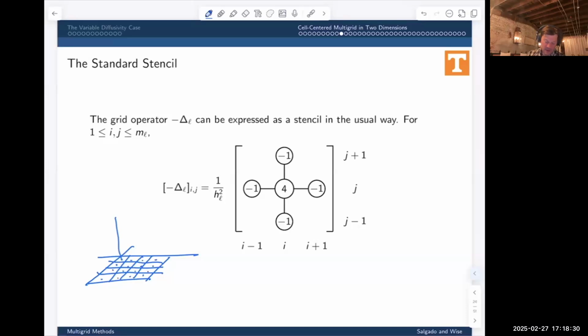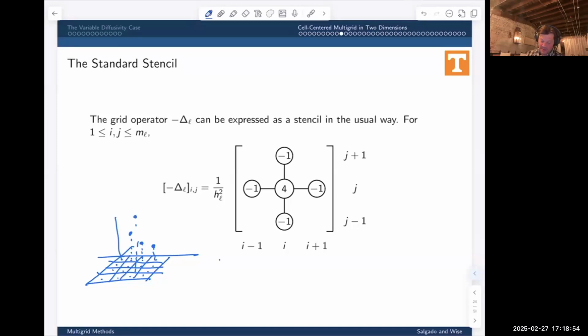And of course, each one of those grid points has a value associated with it. And let's say this one might be way up here. So that's what a cell-centered grid function looks like. It has values defined at the grid points.